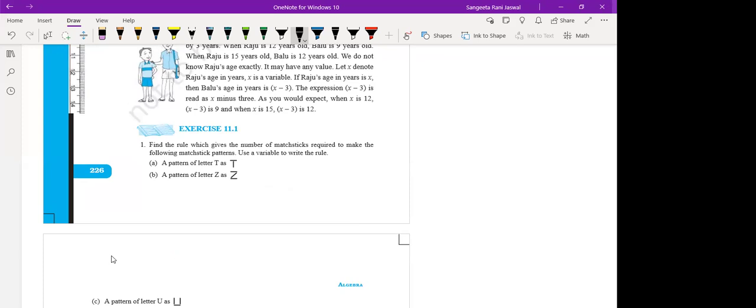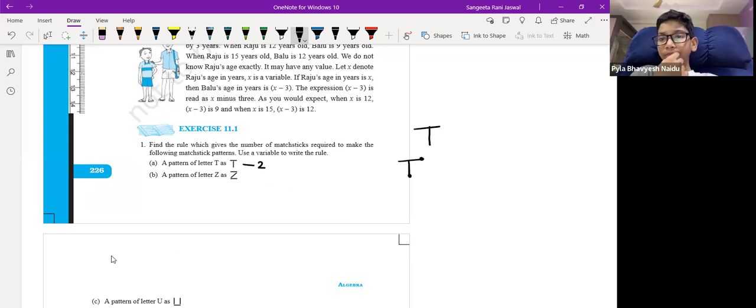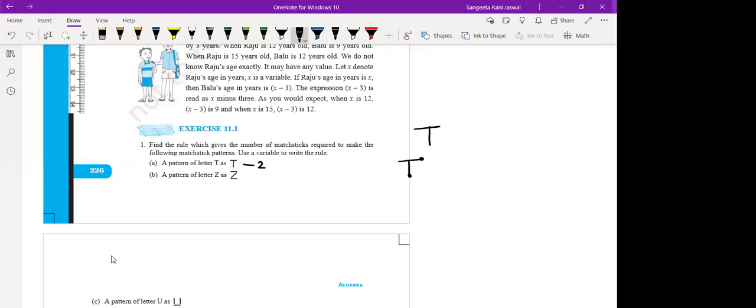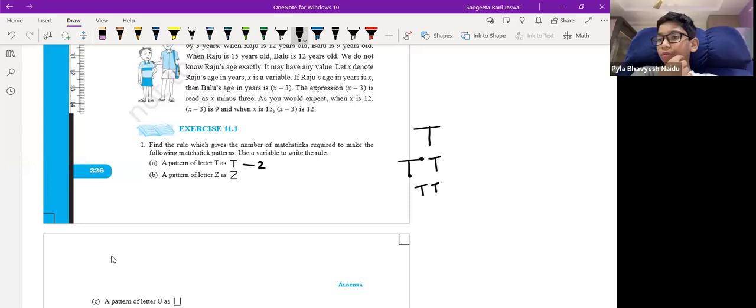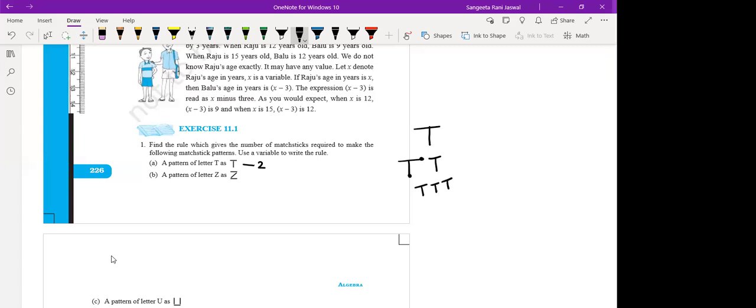Now, how many matchsticks are required to make this shape T? 2. This is one matchstick, this is 2. So 2 matchsticks are required, and this is for just one shape. If I have 2 such, then 4, and then 3 such like this. So that can be written as 2n.